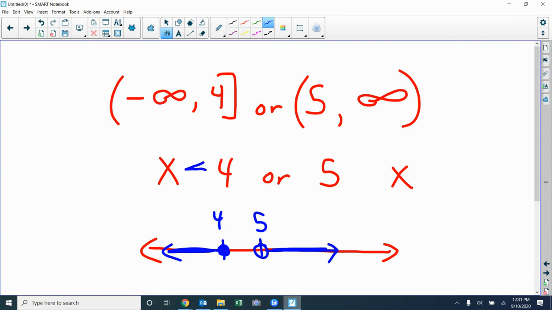Less than or equal, x less than or equal to 4. What does it need to be to 5? X needs to be greater than 5. Don't forget this part, x such that that's the case.